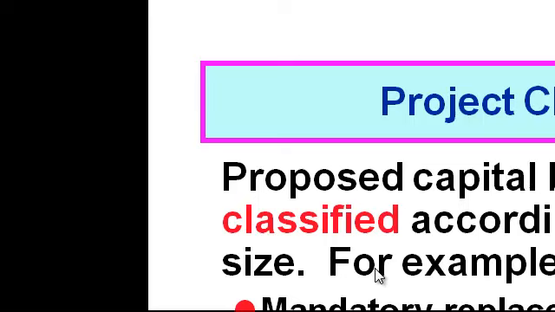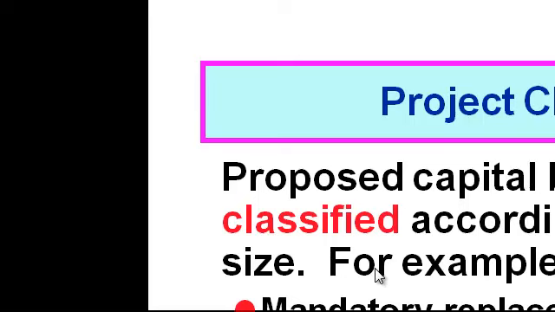Fifth category is environmental projects. This category consists of expenditures necessary to comply with governmental orders, labor agreements, or accreditations. Unless this is really a big requirement, it kind of fits into category 1 as sometimes being mandatory.